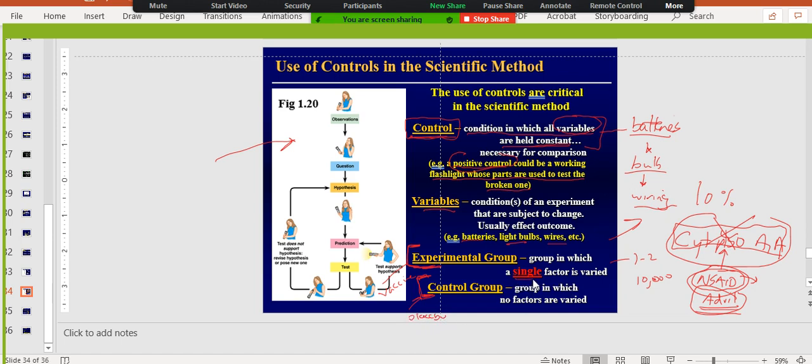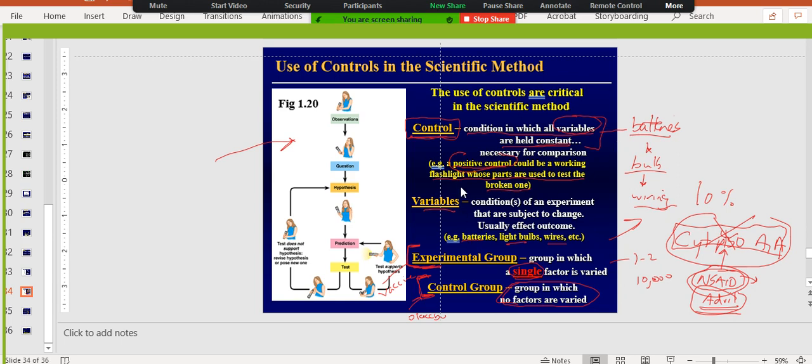And so the single factor here that we're varying is, well, you get the COVID vaccine, or you don't, and then the control group, they don't get anything, just like sugar water or just plain distilled water.